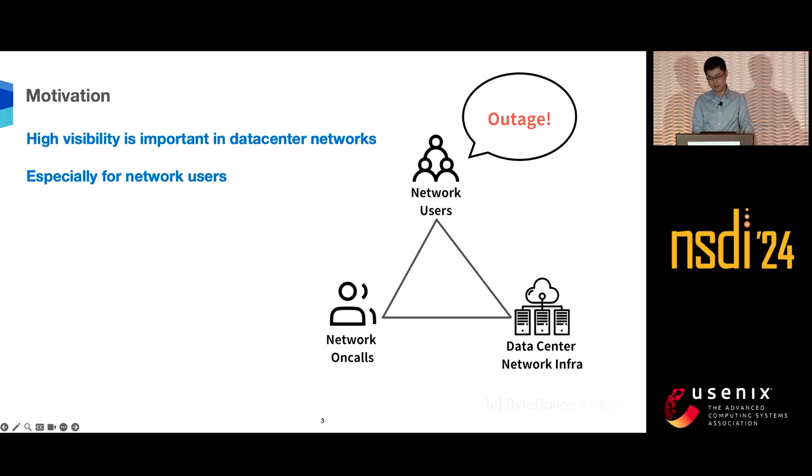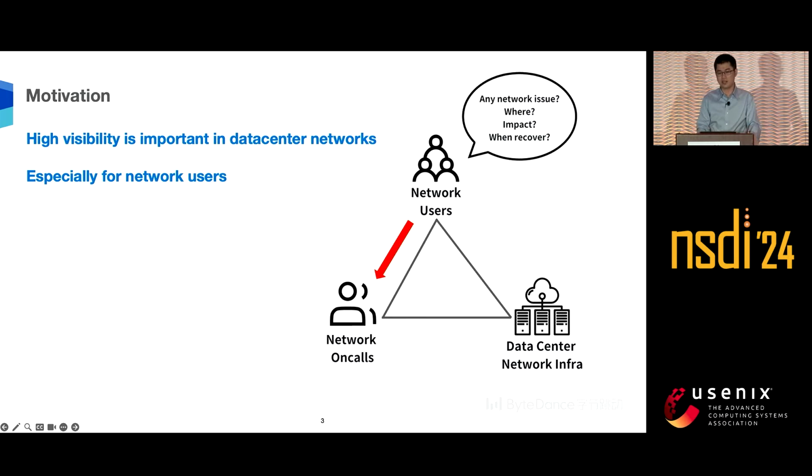They are very eager to know, first, whether it is caused by a network issue. If yes, where is the issue, what is the impact, and how long until it can recover? They are very eager to answer this kind of question.